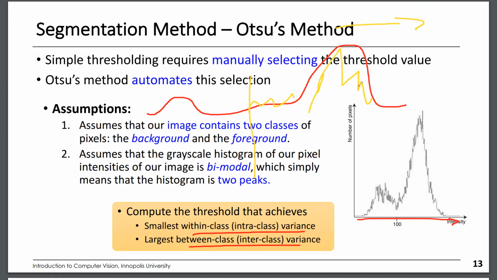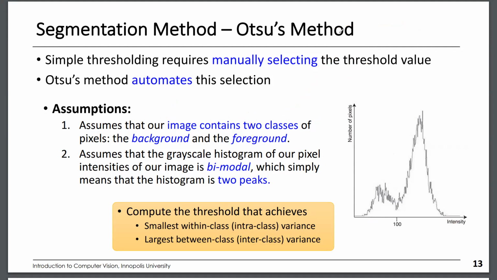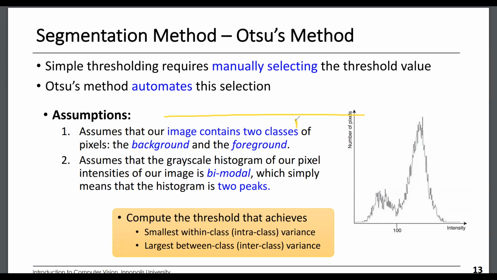So all of our pixels are close together here and they're clustered here too, meaning both of their variances are very small. And this is the criteria that Otsu's method is trying to achieve. Of course, the large between class variance is calculated based on having the means as far apart as possible. So trying to push them away from each other, right?